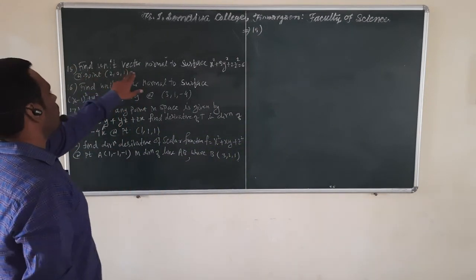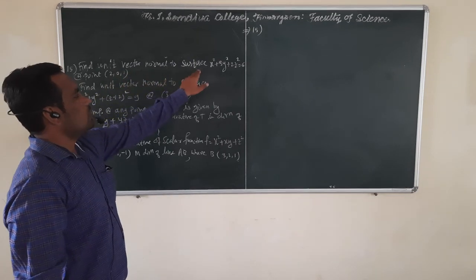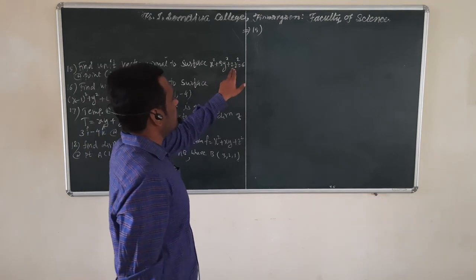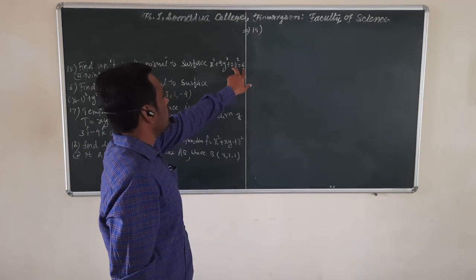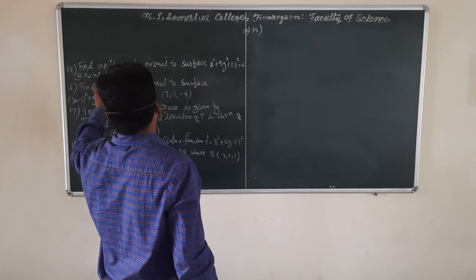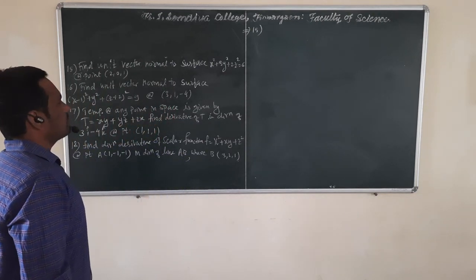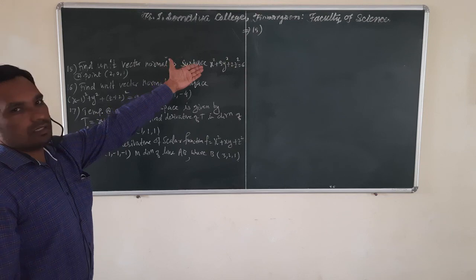Find the unit vector normal to the surface x square plus 3y square plus 2z square equal to 6 at the point (2, 0, 1). So we have to find the unit vector which is normal to this surface.